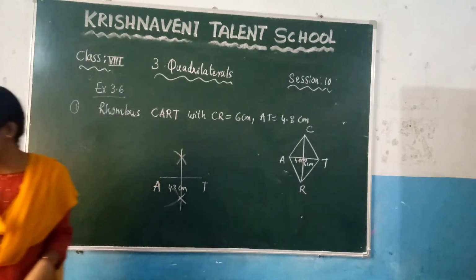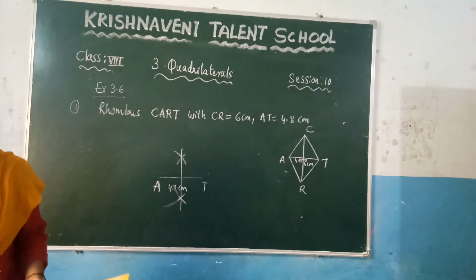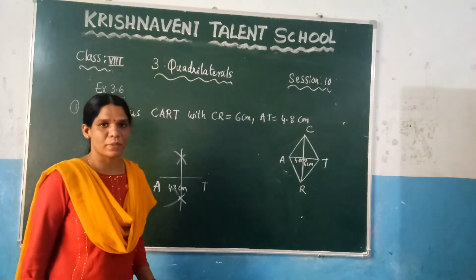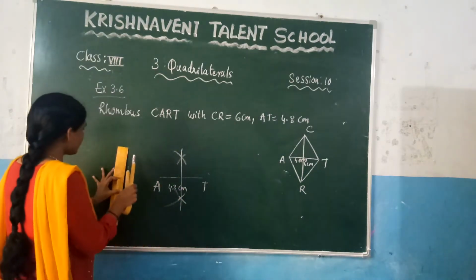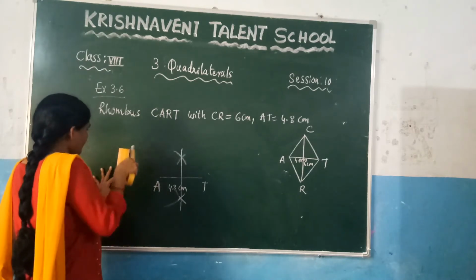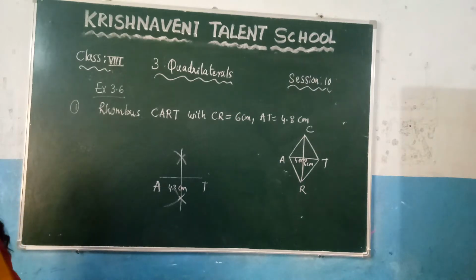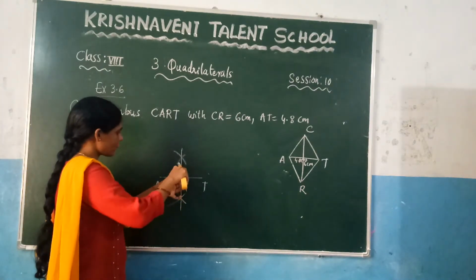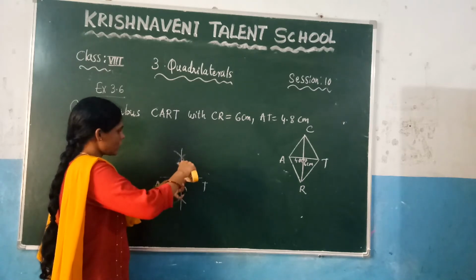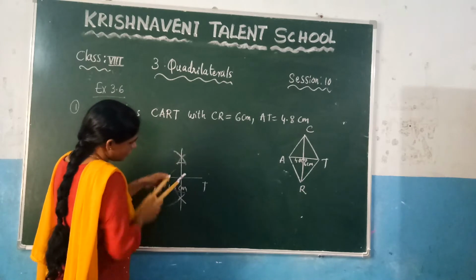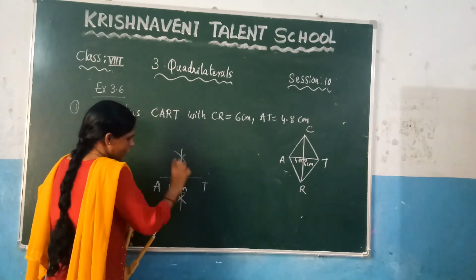So here take 3 centimeters with the help of the compass, because you know that half of 6 is nothing but 3. So here take 3 centimeters, and you know that it is 3. Right? This is 3 centimeters. Now at this intersection point here draw one arc. This is 3 centimeters, and down also draw one more arc. So here this is 3 and this is 3.